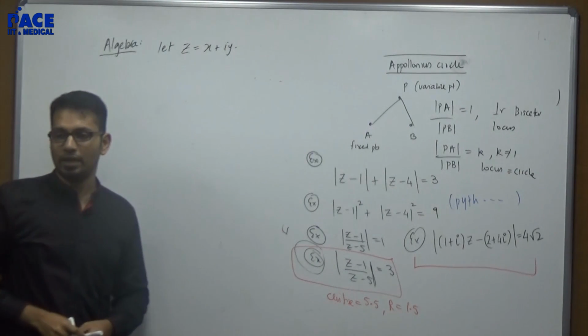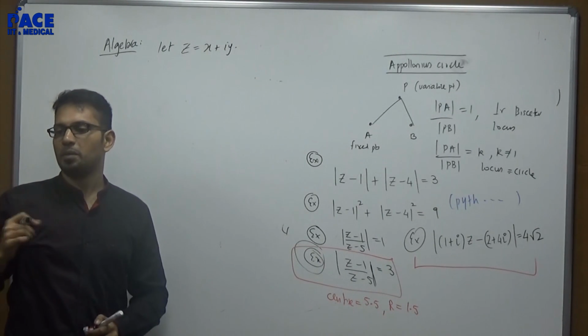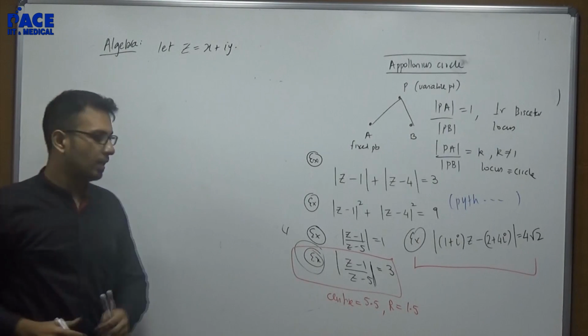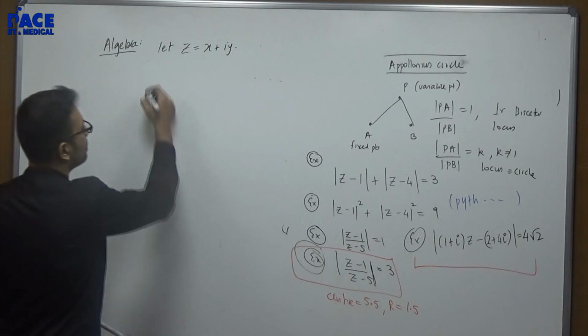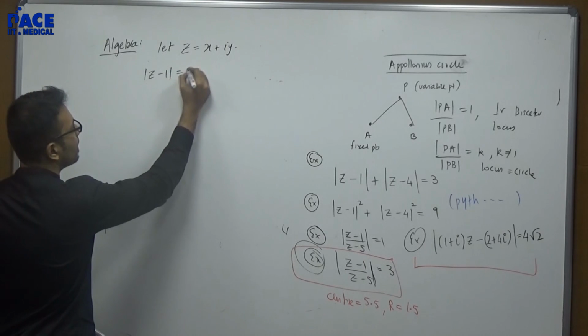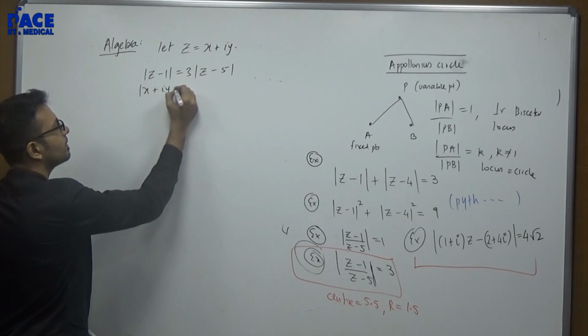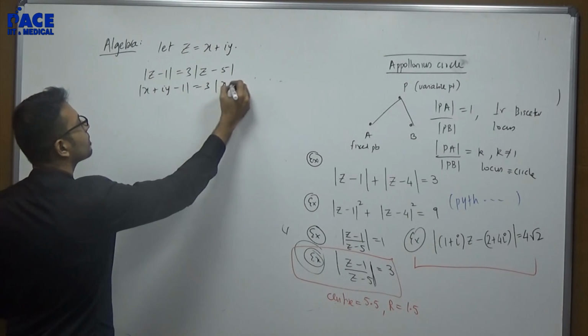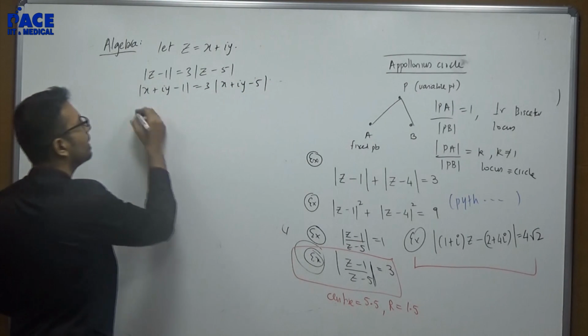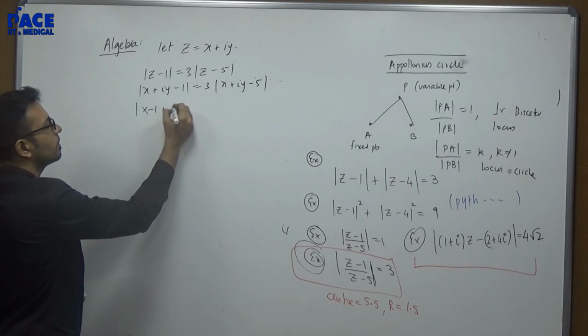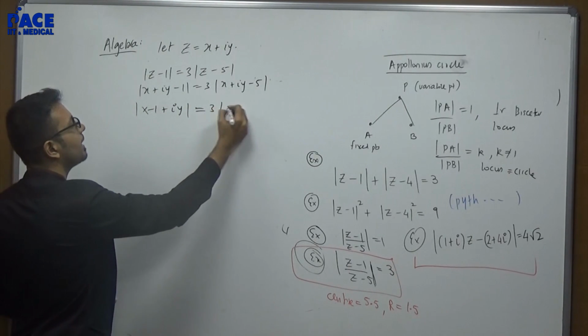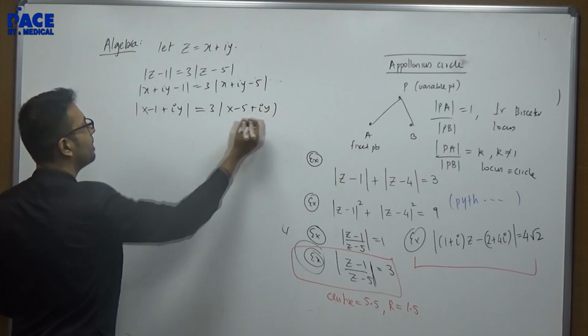So Z represents the point x comma y. Okay. Now I will write it like this. So mod Z minus 1 is 3 times mod Z minus 5. ऐसे लिख सकते हैं. तो हम इसको x plus iy लिख दिया. Okay. Now you get x minus 1 is equal to 3 times x minus 5 plus iota y.